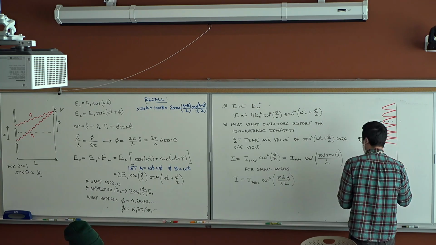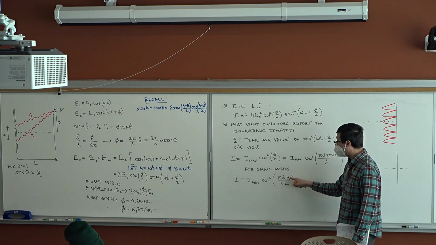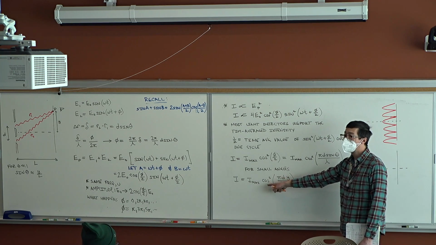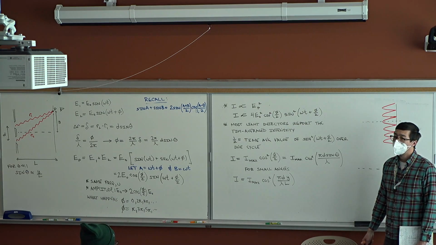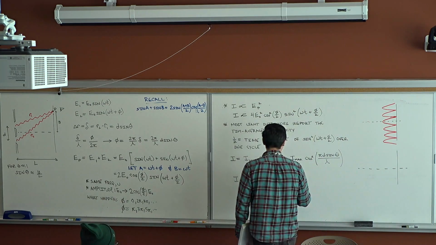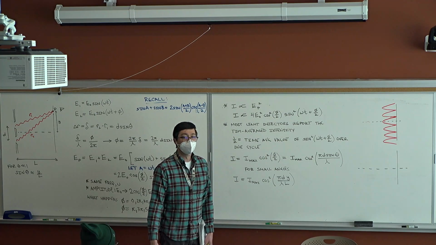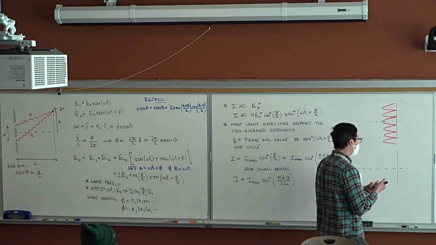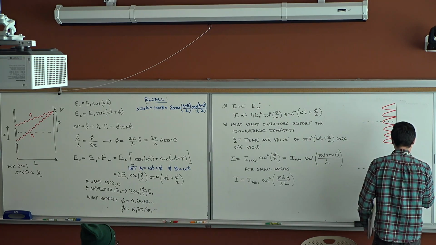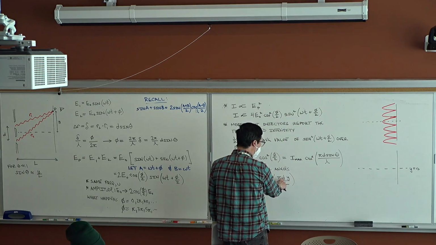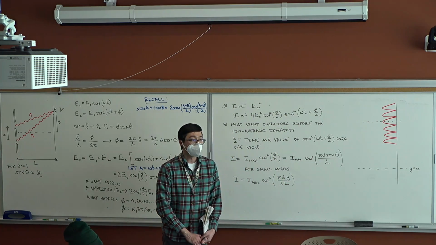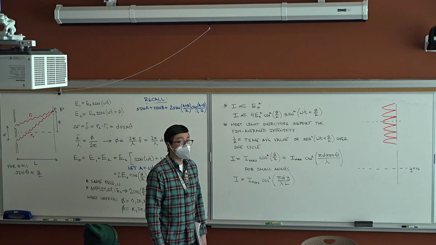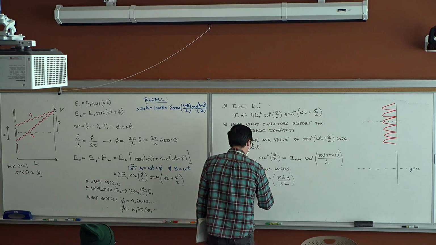Note that if I can make y look like, where does cosine go to 0? Pi over 2. So what does y need to look like to get to my first 0? Well, I need y times pi d divided by lambda L to equal pi over 2, so I need y times d over lambda L to equal half.